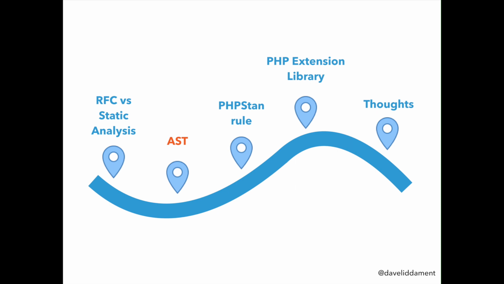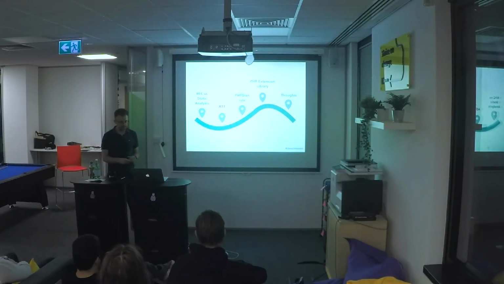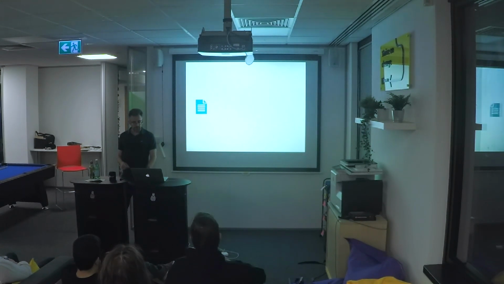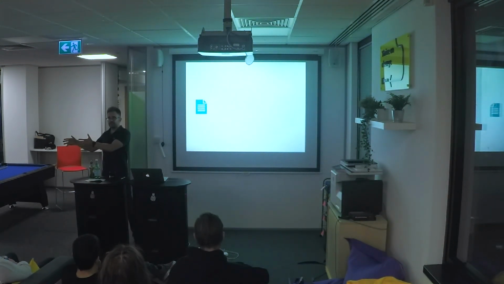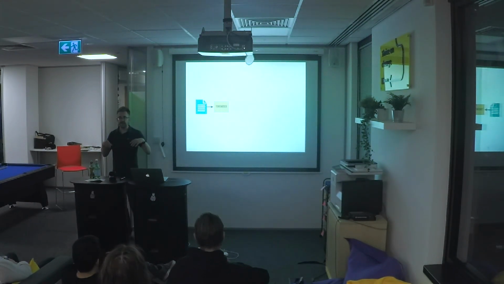Before I can tell you how we do that, we need to look at something called the abstract syntax tree. So we have our code, and it goes through several stages before it gets executed. The first stage is that the code is tokenized. That's like taking your code and breaking it up into chunks, saying here's some space, here's an instruction, and so on and so forth.